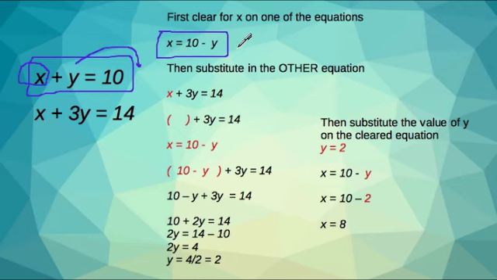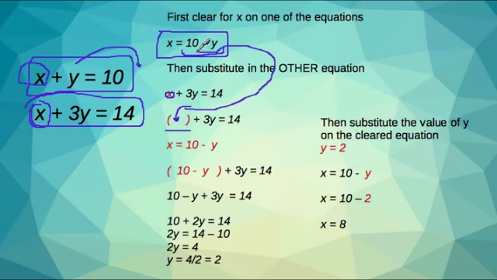What's going to be next? We got this other equation right there. And then instead of the x, I got to write 10 minus y. So that's why instead of the x, I placed these parentheses, because inside of these parentheses I'm going to plug in this value right here.